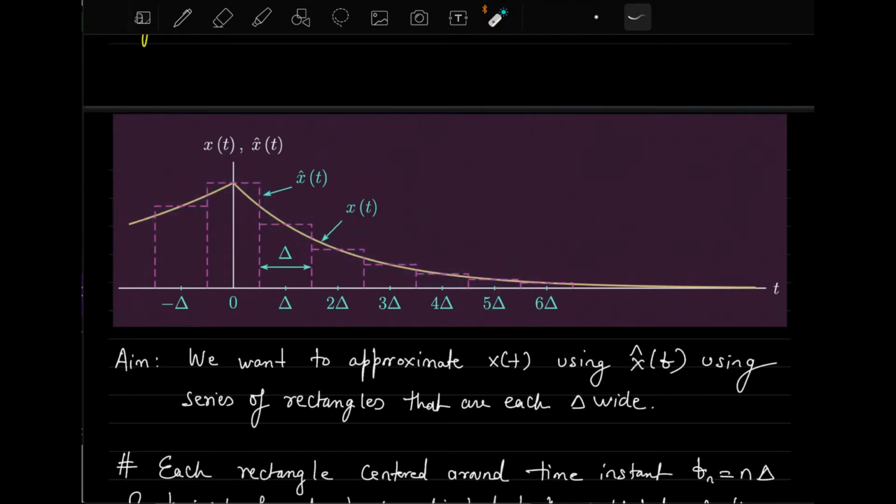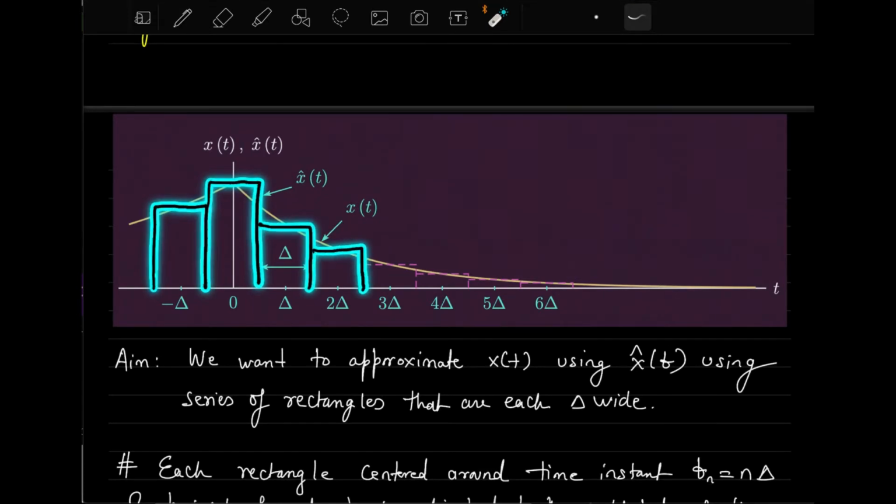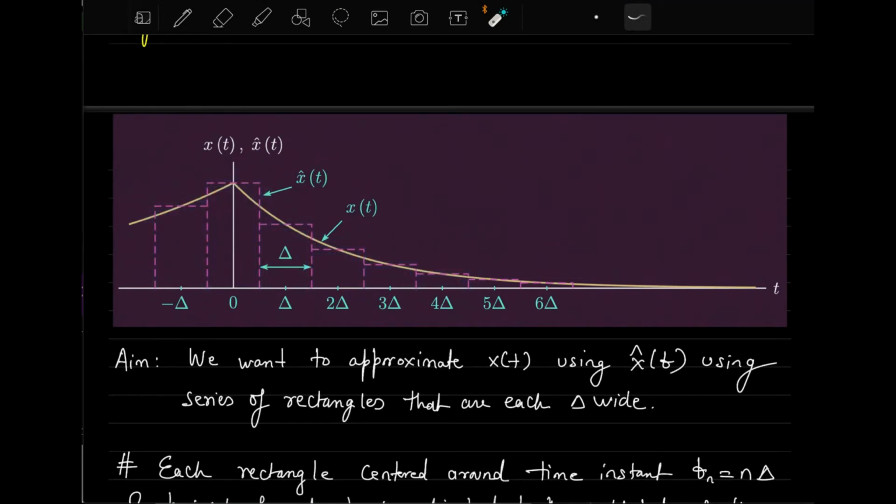So we are trying to approximate this original signal using x hat(t), and these are actually the impulse functions. These are basically the pulse functions, which we will see how they turn out to be impulse functions, but these are all rectangular functions that we are using. So let us see how we can prove the expression which is given above.